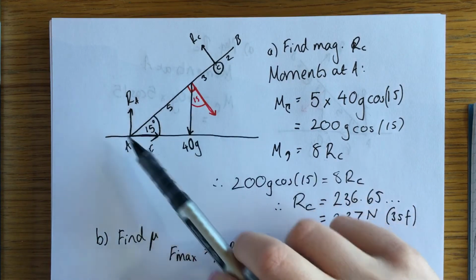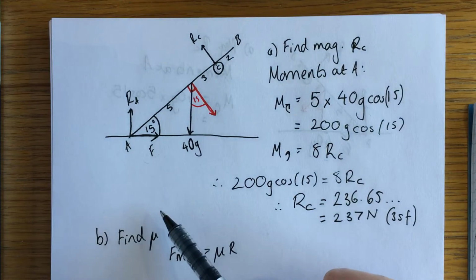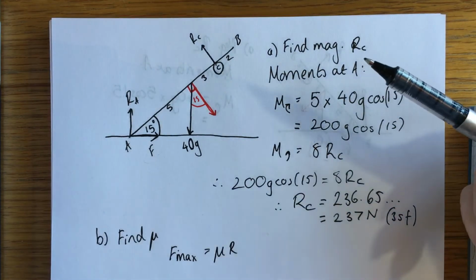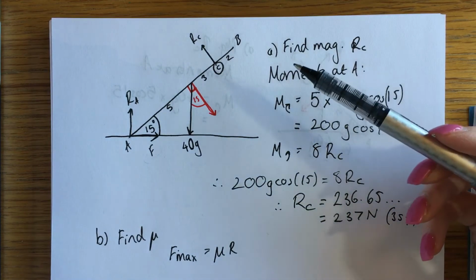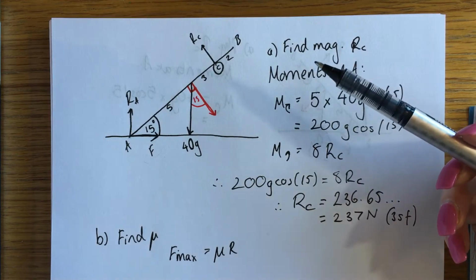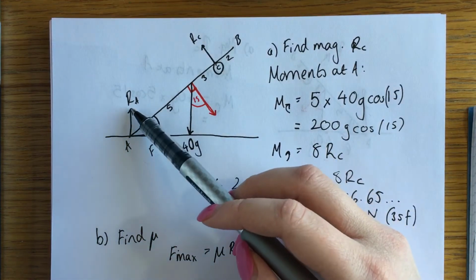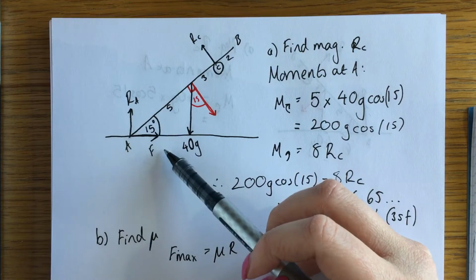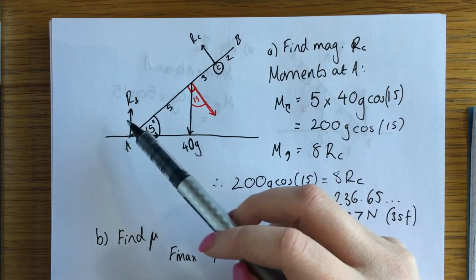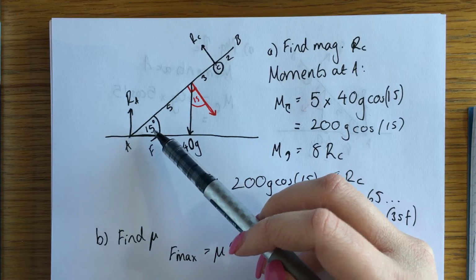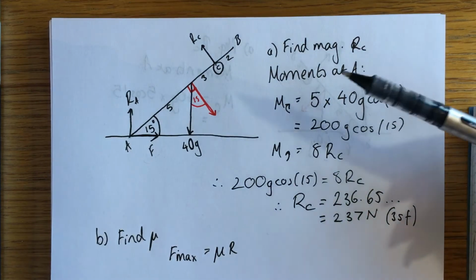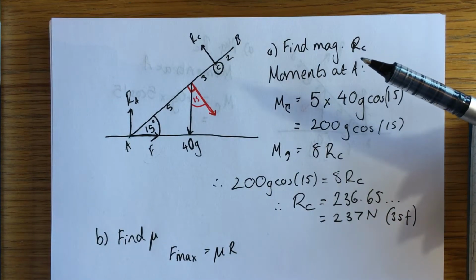So I've got a number of forces acting in different directions. Now normally with inclined planes we would use the parallel and perpendicular. However, if I have to form the parallel and perpendicular of friction and the normal reaction at A, I end up with 2 really quite complicated simultaneous equations.